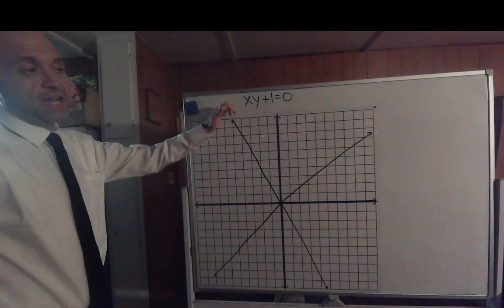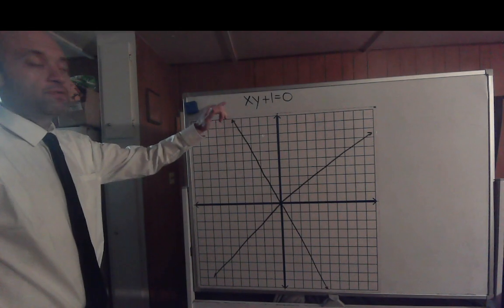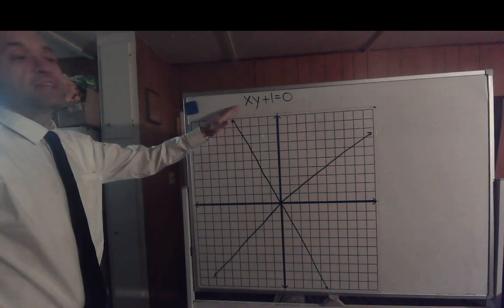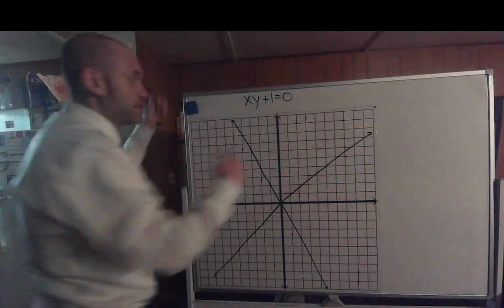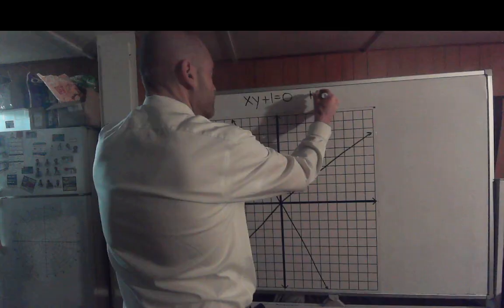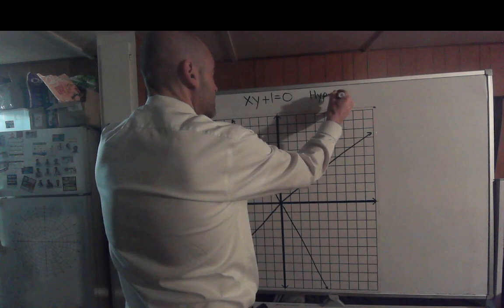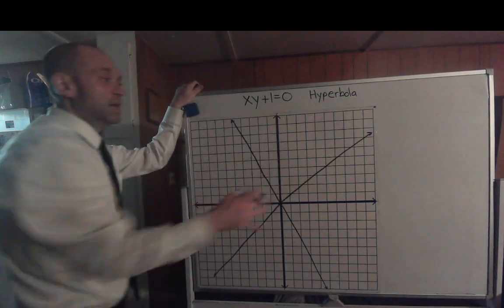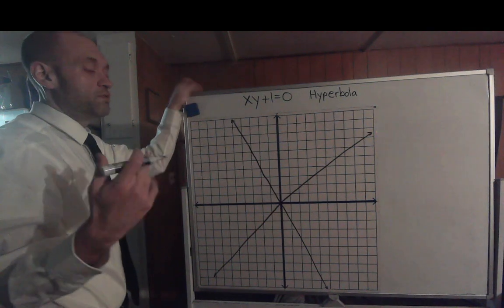So we actually have a real basic rational function. But it's actually going to be a hyperbola because every rational function is technically a hyperbola. So we have identified this as a hyperbola, even though it's a real basic rational function.